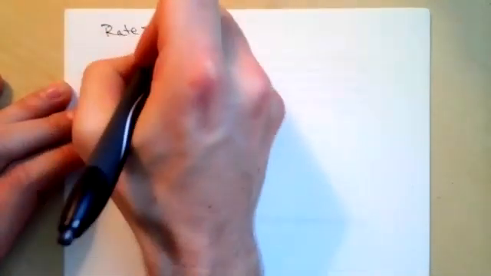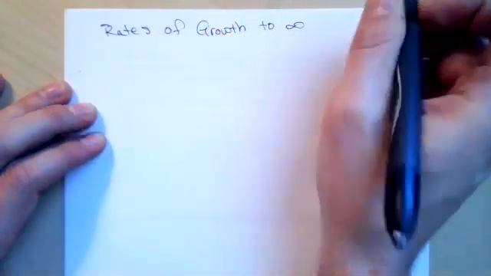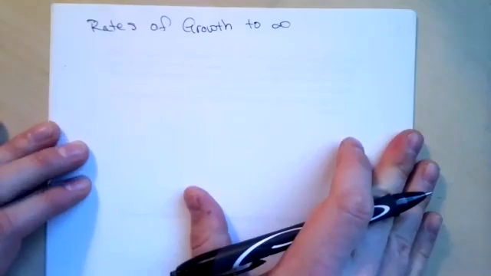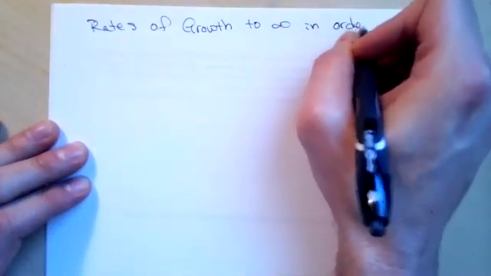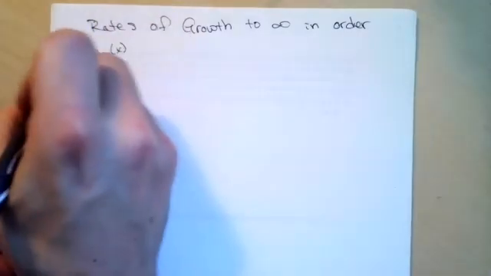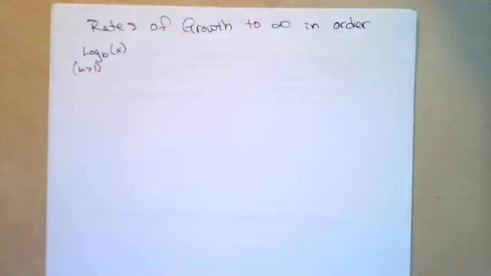Maybe we should write this down. This will come in handy when we get to sequences and series. So rates of growth to infinity in order. Logs, specifically not like fractional bases.